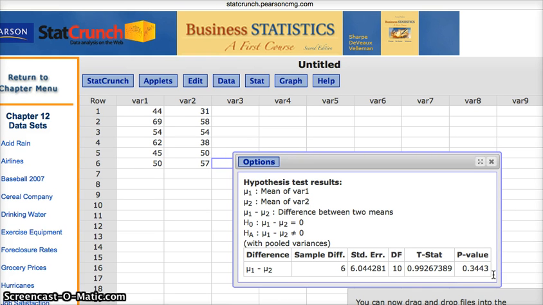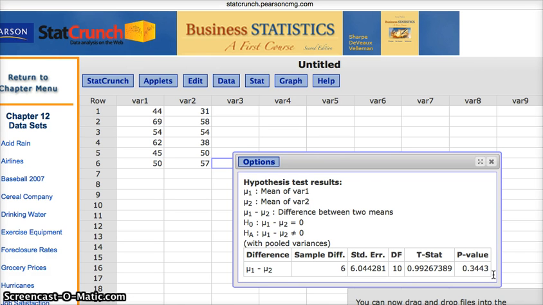Since our alpha is 0.05 and our p-value is 0.3443, there is insufficient evidence to reject the claim that the mean age of houses is the same in the two neighborhoods. So we do not have enough evidence to reject our null hypothesis. So there we go, part A.